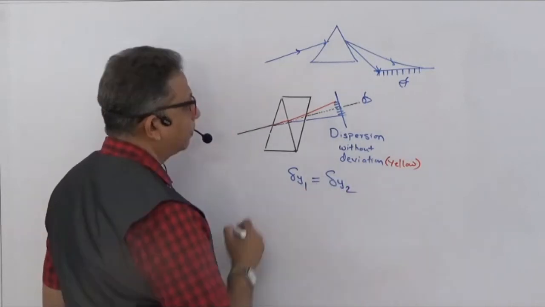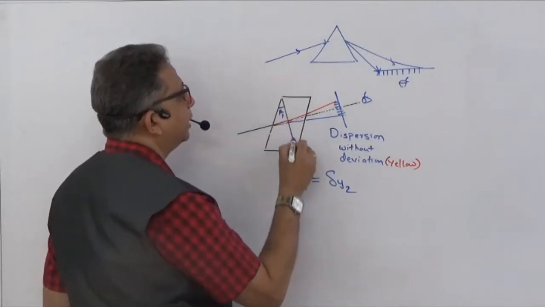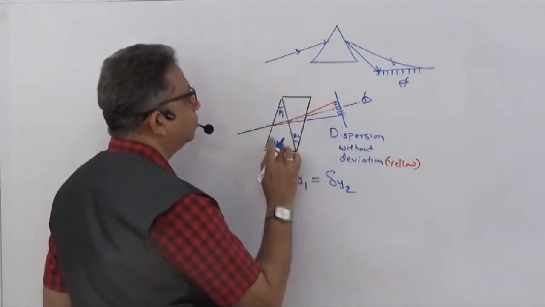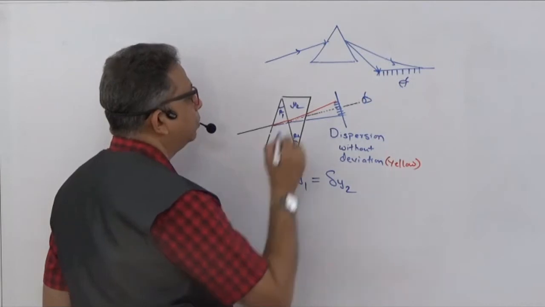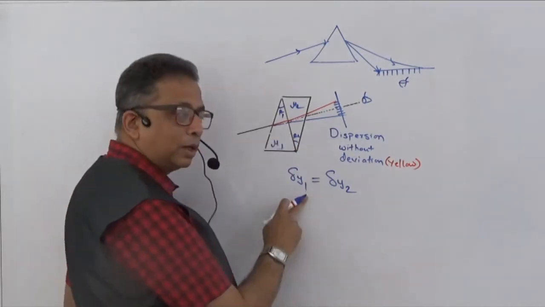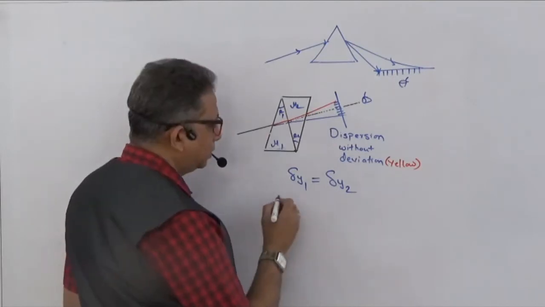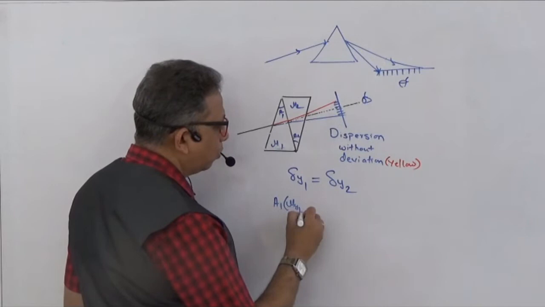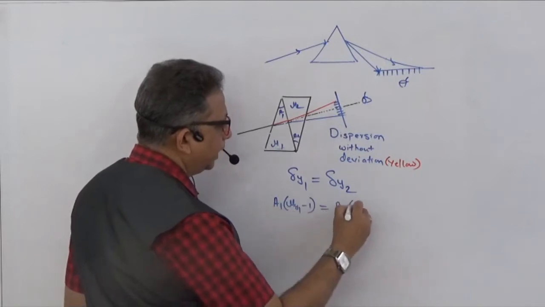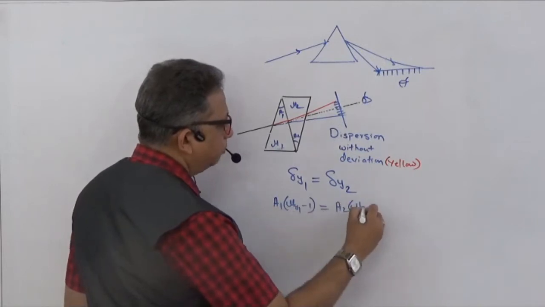So let us give all these parameters. This is A1, this is A2, this is having mu1, and this is having mu2. So for the deviation of yellow color, what was the equation that we had used? That was A1 (mu y1 minus 1) equal to A2 (mu y2 minus 1).